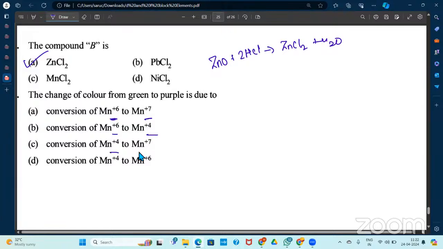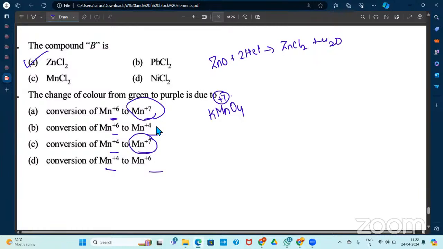Green to purple. Which is purple in color? We know that MnO4- is purple in color. What is the oxidation state? +7. So either option D or option C should be the right answer. Mn +6 goes to MnO4-.